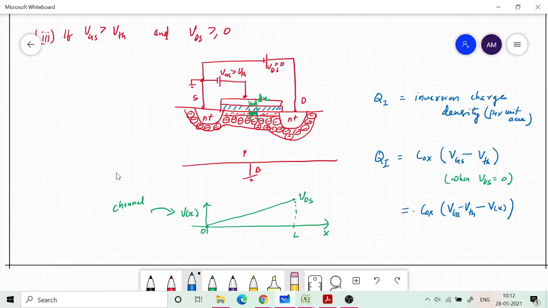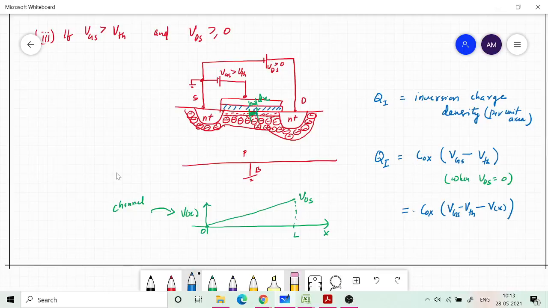So this is when you change the channel potential from 0. Earlier the channel potential was 0 because VDS was 0 after creating the channel, but now when you have introduced a VDS, depending upon where you stand, you have a different channel potential, and therefore the voltage across the oxide layer which will create the inversion layer is not just VGS minus VTH, but VGS minus VTH minus V of x.